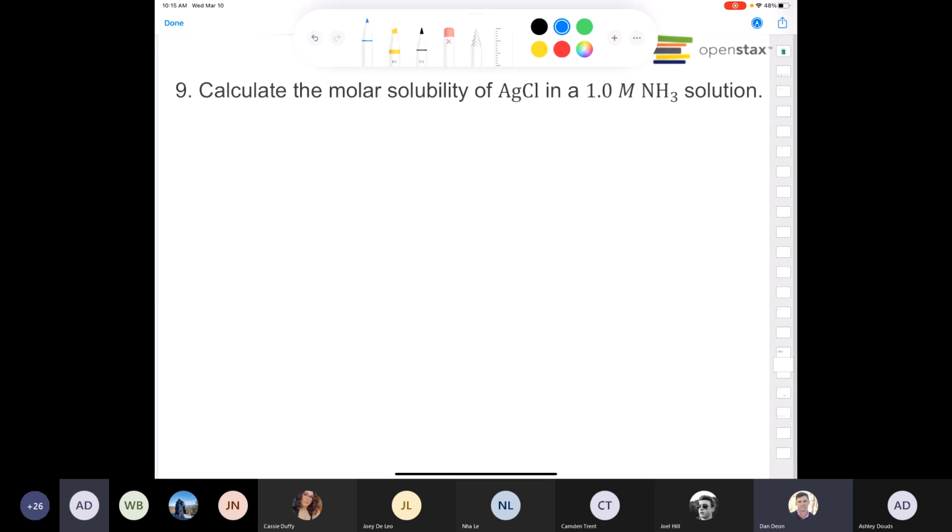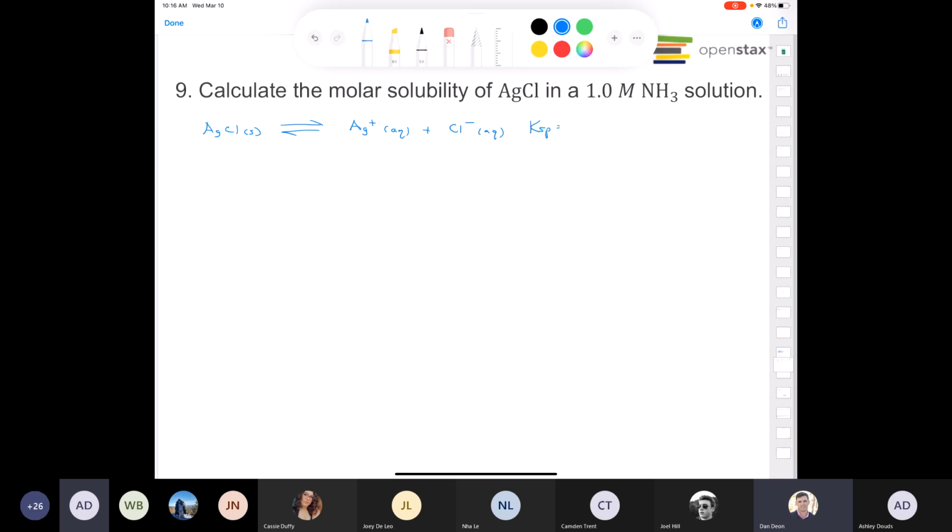Well, if we think about silver chloride, and I'm sure some of you have made silver chloride in the lab, you would have combined maybe silver nitrate and sodium chloride, and you see a white precipitate. That's silver chloride that's formed. If we look at the dissociation of silver chloride to form silver ions and chloride ions, there's a Ksp associated with that.